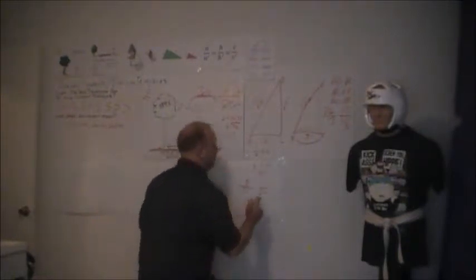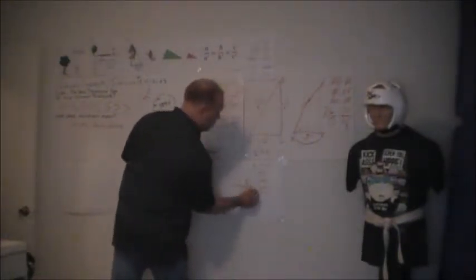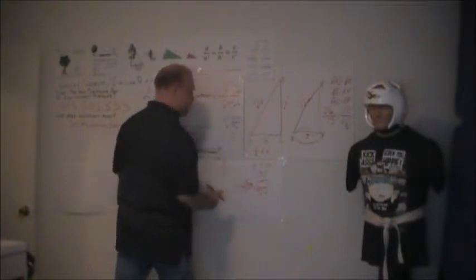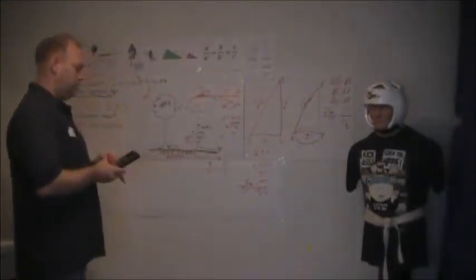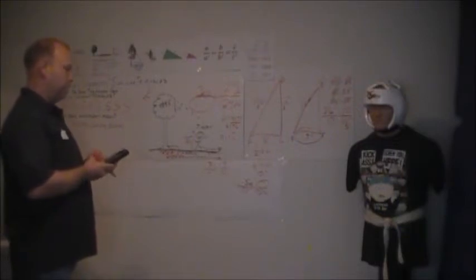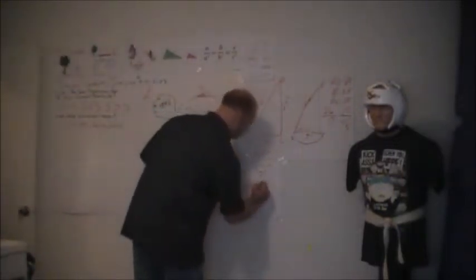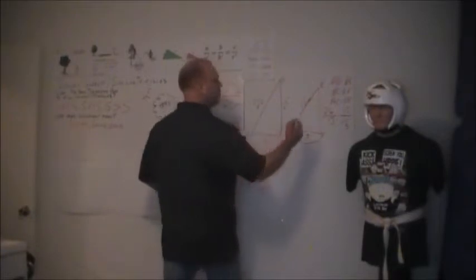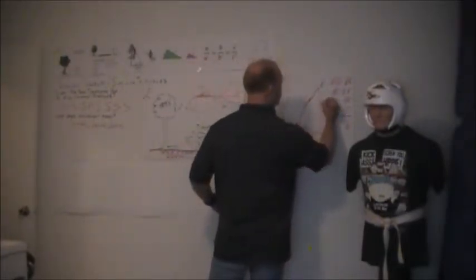What do we need to find right there? How do we find that? Multiply 5 times 24 and divide it by 10. 5 times 24 equals 120 divided by 10 equals 12. So this side is 12 inches.